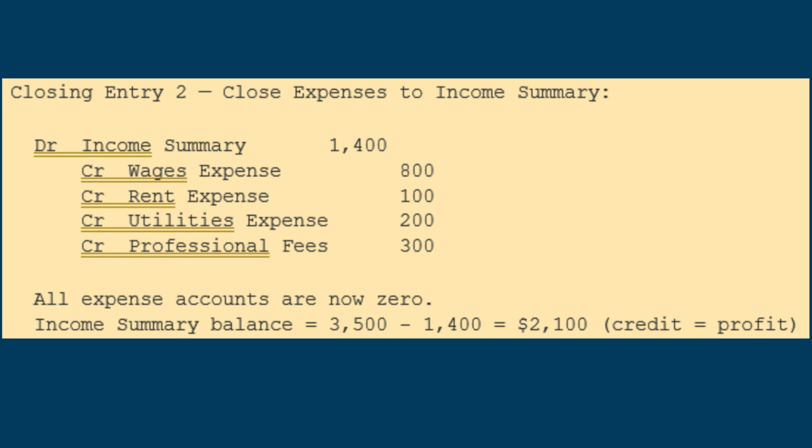Income Summary now holds the net profit of $2,100. Step 3. Transfer that into retained earnings. Done. Revenue is 0. Expenses are 0. The profit has been safely moved into retained earnings, where it will sit permanently as part of equity, until it is either distributed to the owner or reinvested in the business.